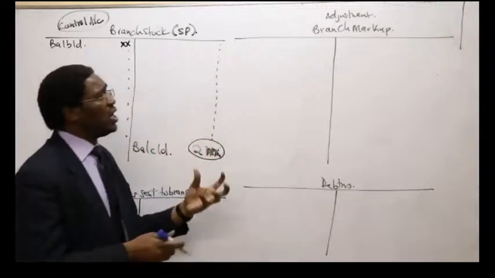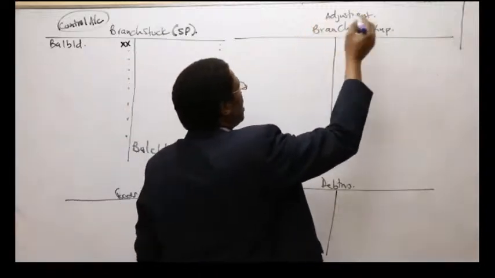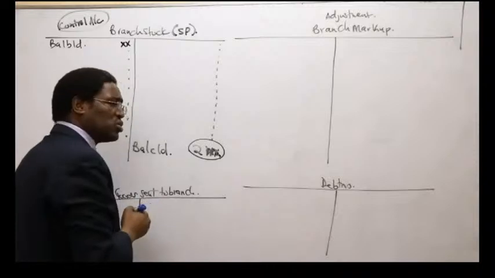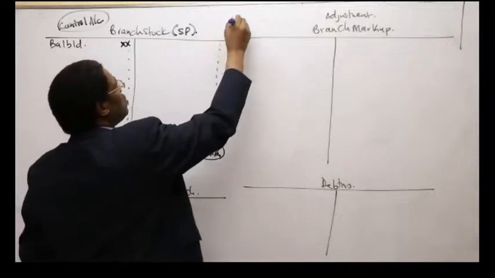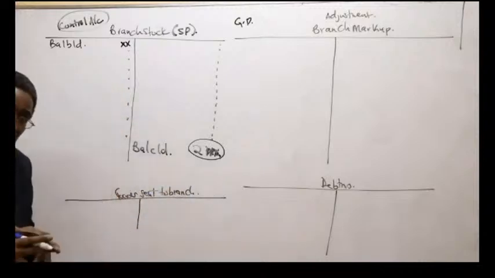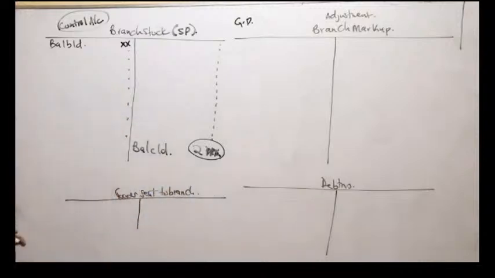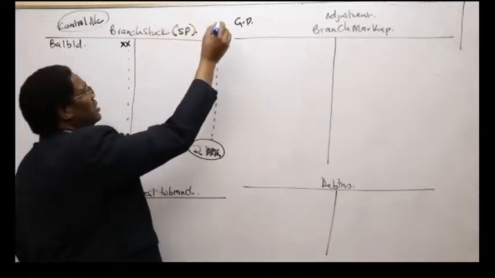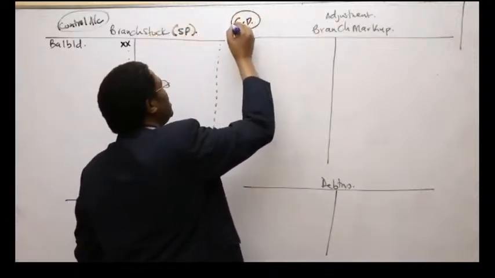So this account, which we are calling branch markup, we normally use it to determine the gross profit on trading with the branch. Every time you are selling goods to the branch, you need to know what profit you as a head office made every time you transact with your branch.